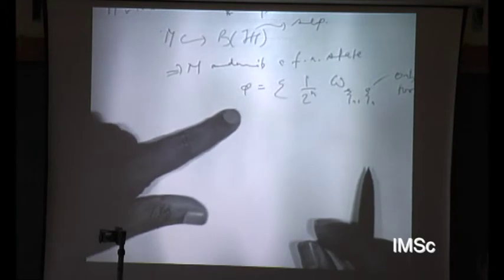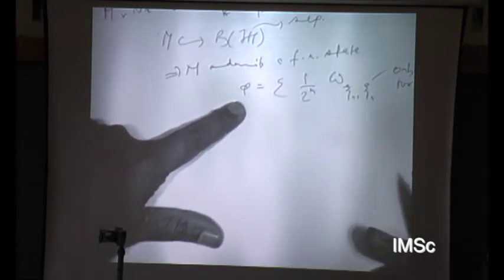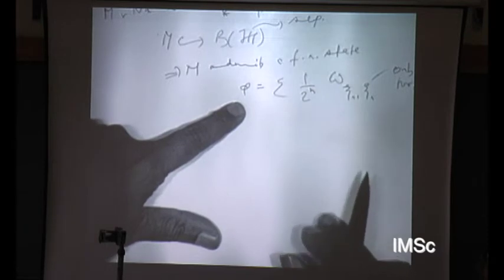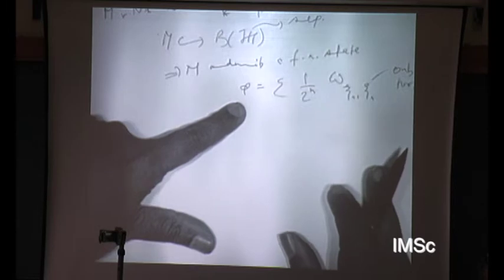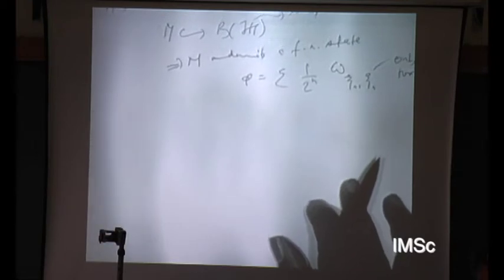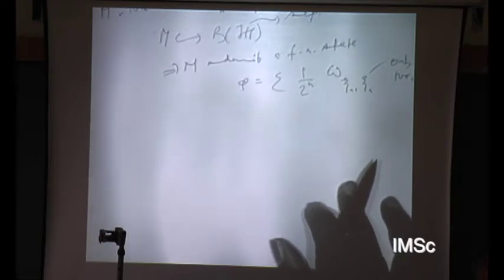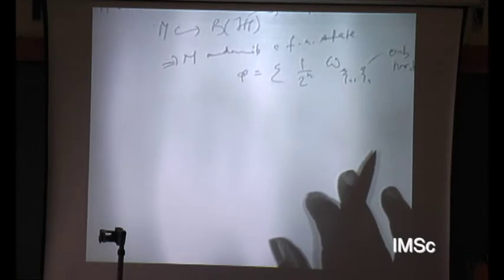with which I did the GNS representation, and this phi is not necessarily a trace. The phi was just any faithful normal state on M. But because of the finite dimensionality, we are able to conclude that there in fact exists a tracial state, faithful normal.